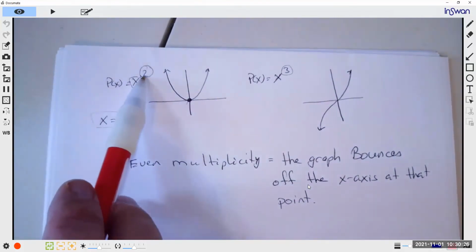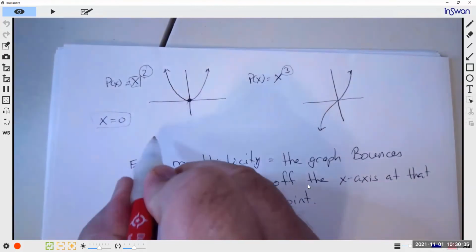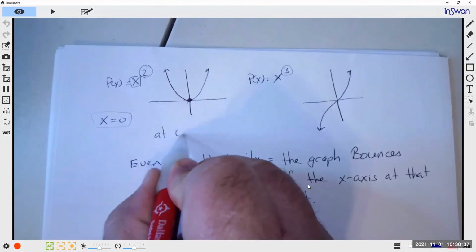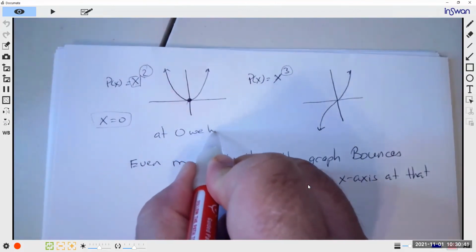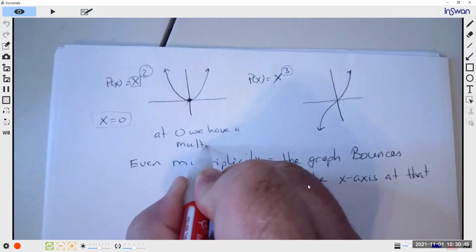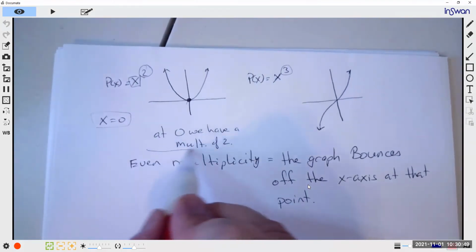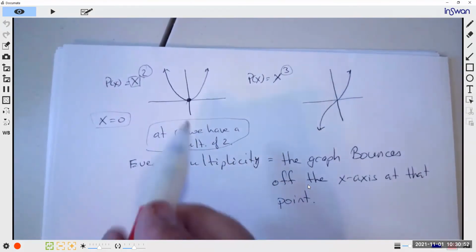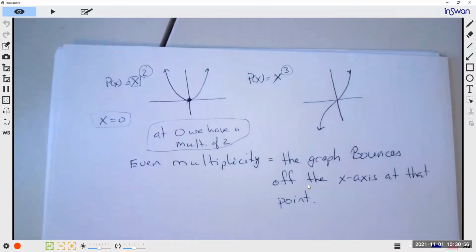So the multiplicity of that one is 2. The 0 is, this is the point we're looking at. So at 0, we have a multiplicity of 2. So since the multiplicity is even, at 0, the graph bounces.